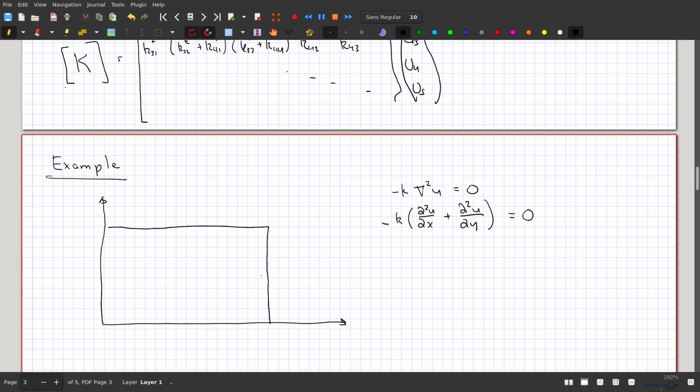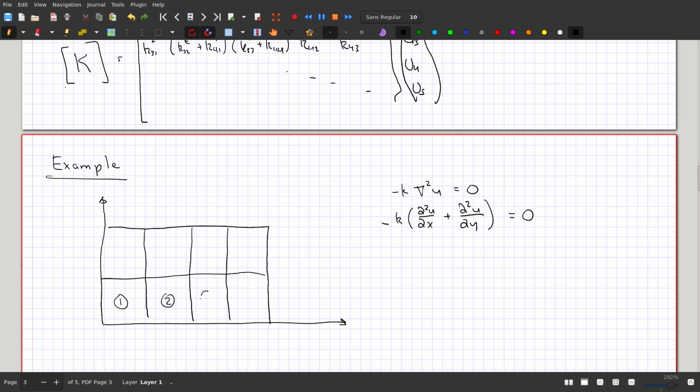What we're going to do is we'll use 6 rectangular elements. So this will be element 1, element 2, element 3, element 4. Wait, sorry.